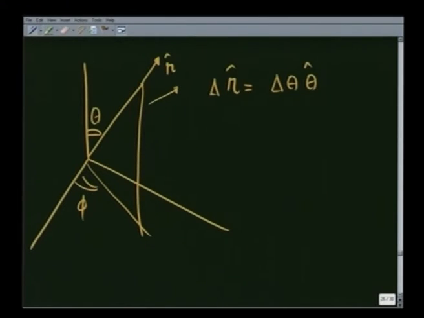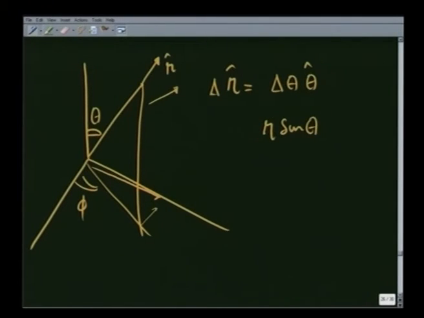On the other hand, if I keep theta fixed and change phi, then the r unit vector, this component is going to change, and that component is nothing but r sine theta.